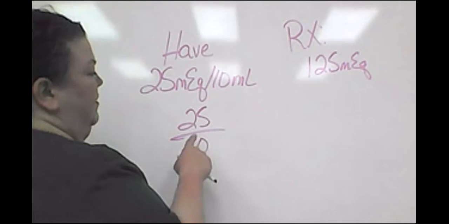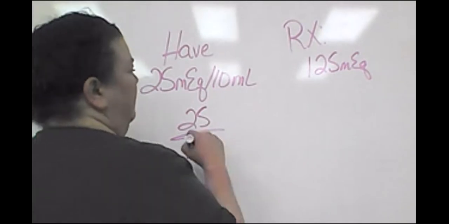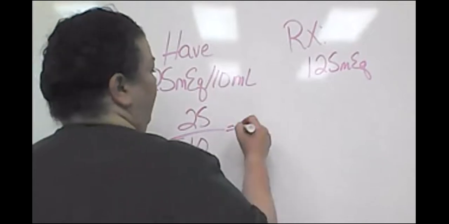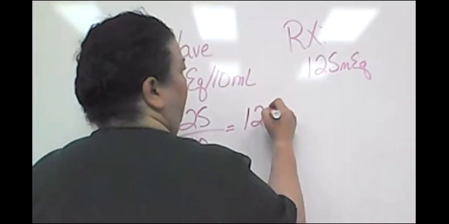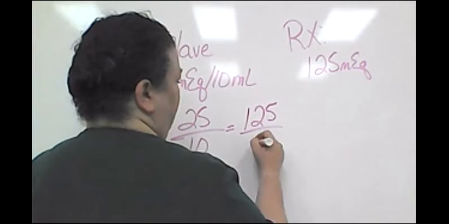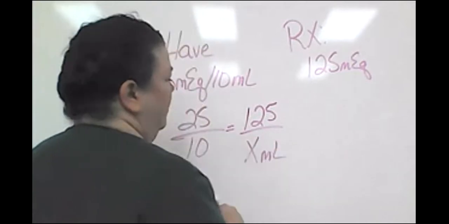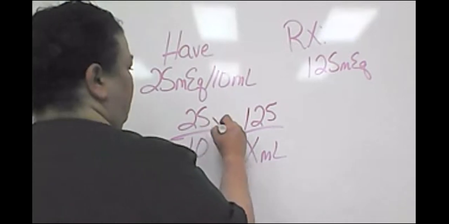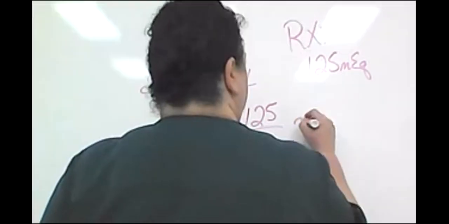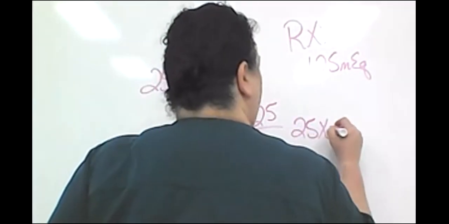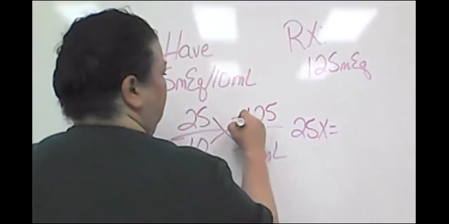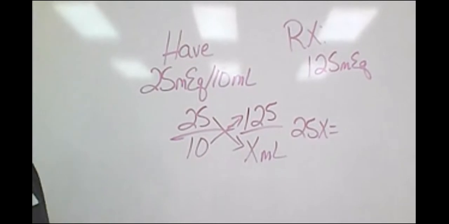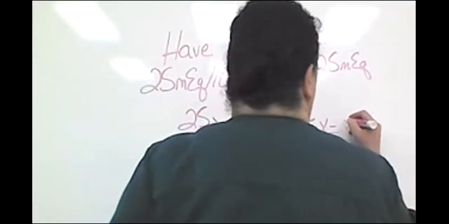I have my 25 milliequivalents over my 10 ml. And I'm trying to make 125 milliequivalents. So I'm looking for how many milliliters that will take. And again, I'm going to cross multiply. 25 times X is going to give me 25X. And 10 times 125 equals 1,250.